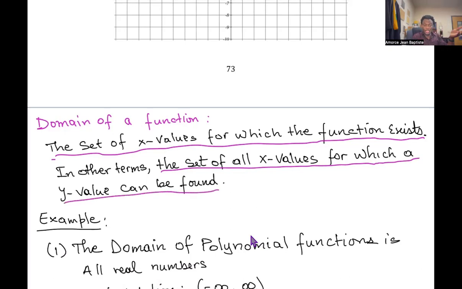Just like we took the example for f of x equals square root of x, a y value cannot be found if x is less than 0. So then under this condition, an x that is less than 0 will not be part of the domain of x.